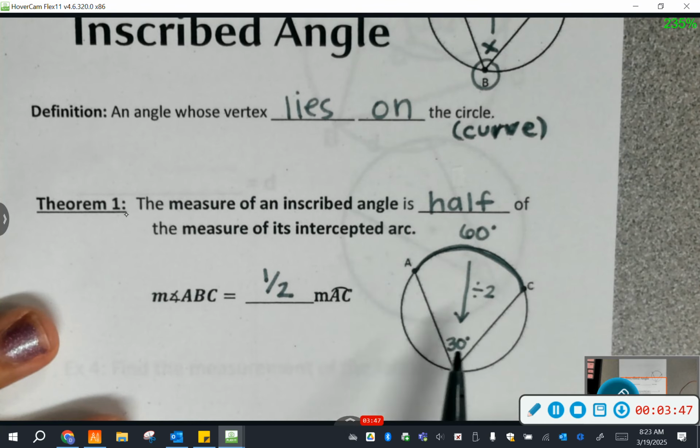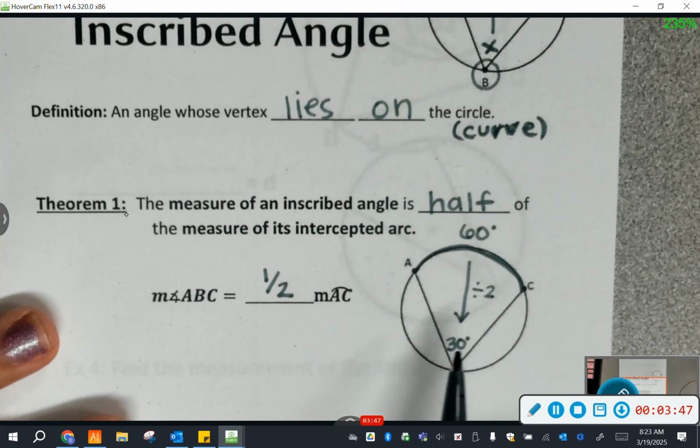Open up your notes, please. All right, it says, find the measure of the following inscribed angle. So right here, I have the arc. How do I find the angle?